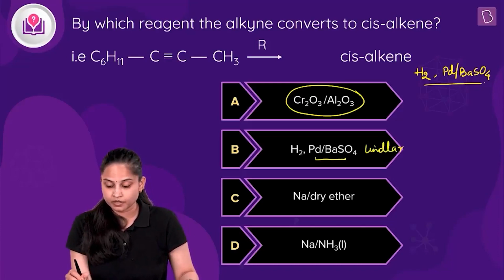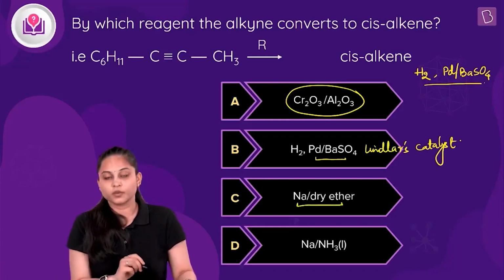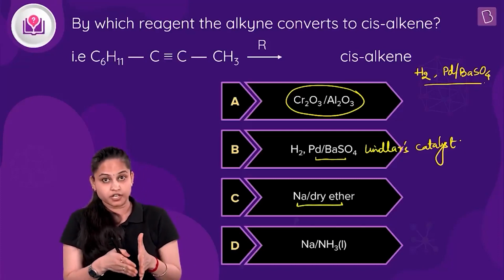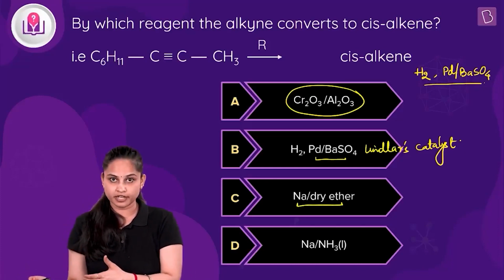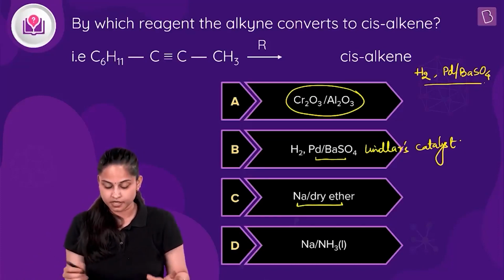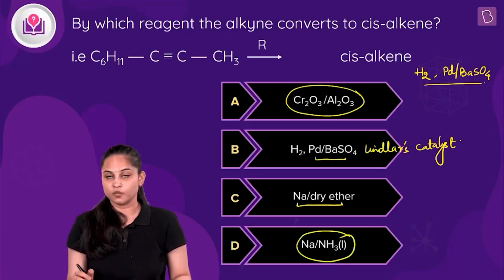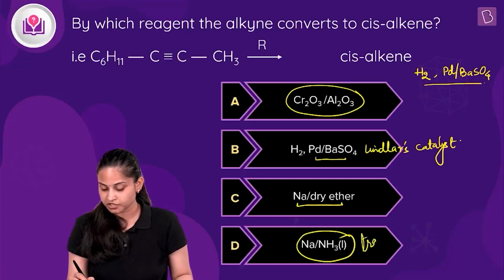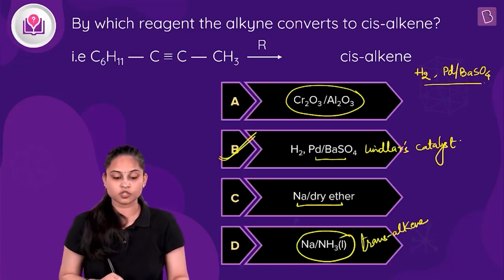Sodium in presence of dry ether is the Wurtz reaction. When alkyl halides are treated with sodium in presence of dry ether, we form the corresponding higher alkane. Sodium in presence of liquid ammonia is Birch reduction, which gives us purely trans alkene. So this reagent is going to give us trans alkene. It's only option number B, the right answer to this question.